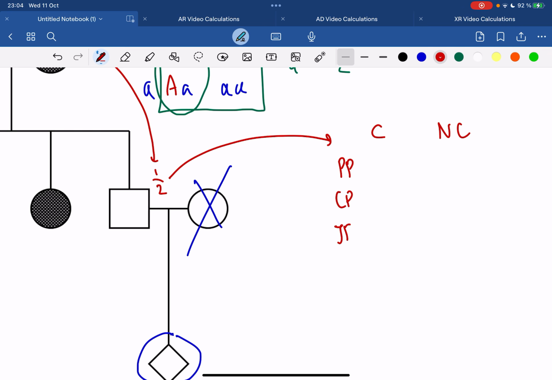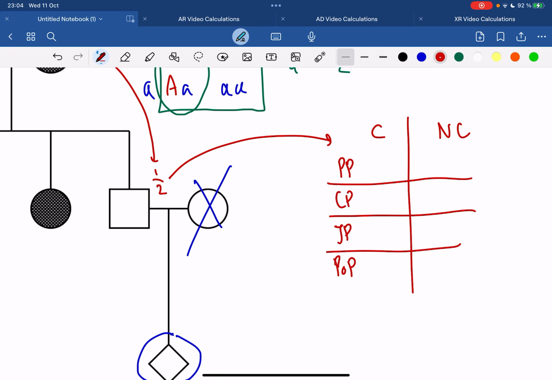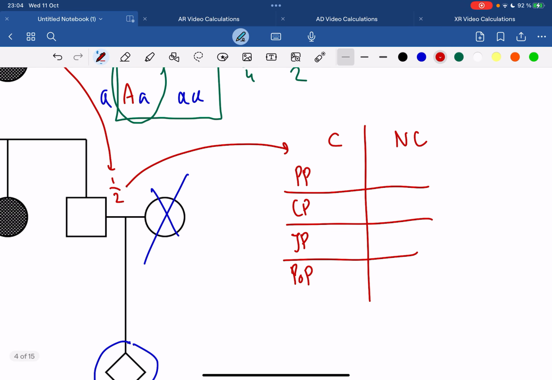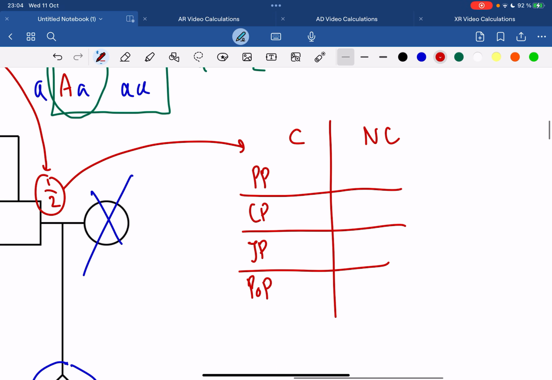Here we go. So his prior probability is always going to be half of what his parent has, which is 1/2 here. And then non-carrier probability is going to be 1 minus 1/2, which is equal to 1/2.